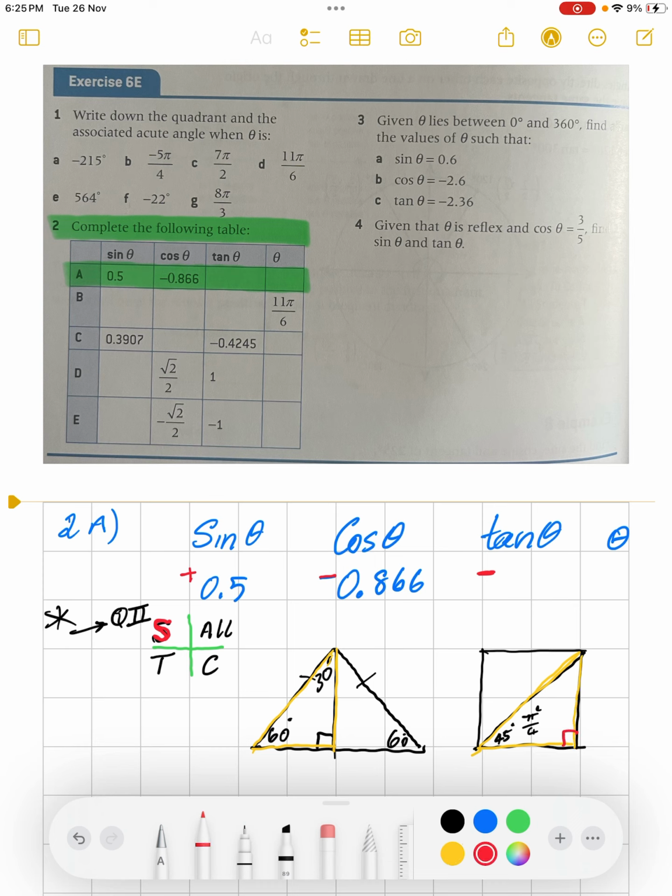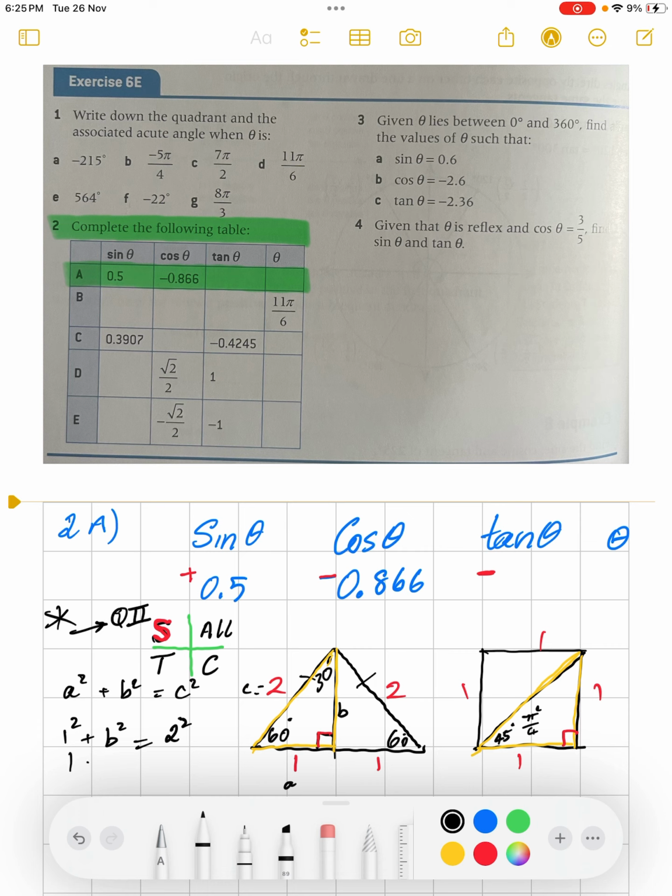In our square, we use a 1, 1, 1, 1 square. In our triangle, we use a 2, 2, 2 triangle, which means this is a 1 and this is a 1. Then using Pythagoras, a squared plus b squared equals c squared, where a is 1, b is what we don't know, and c is 2.